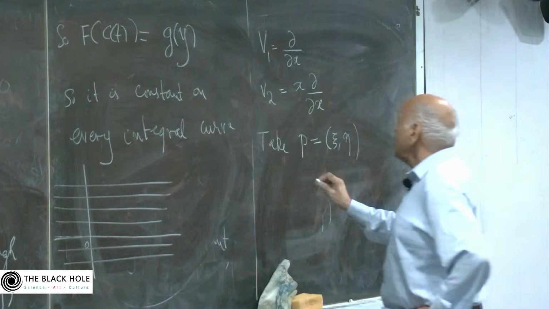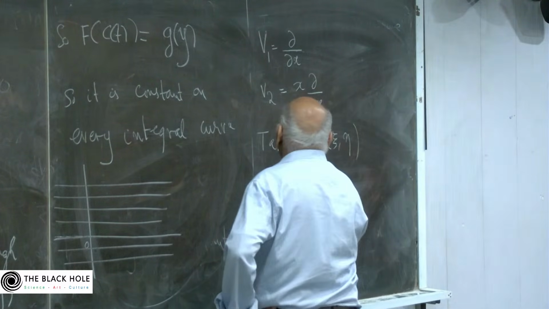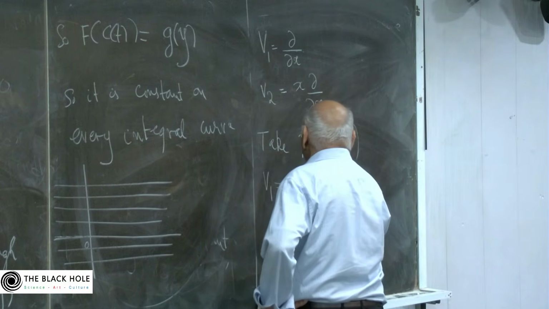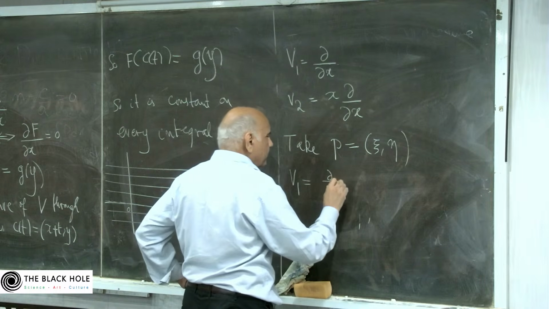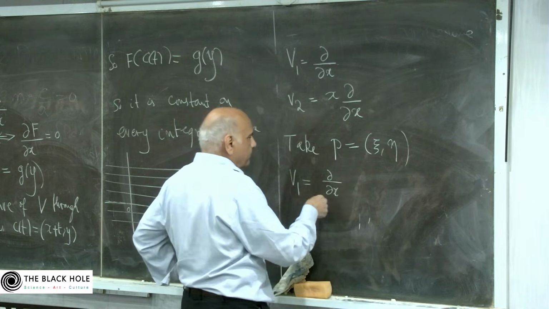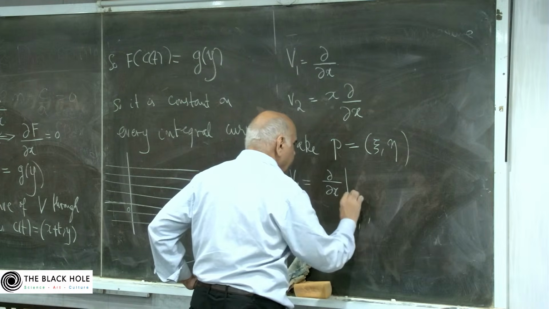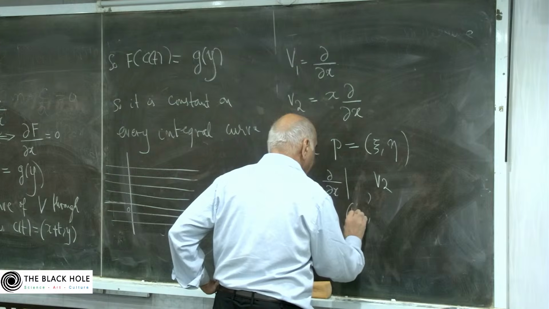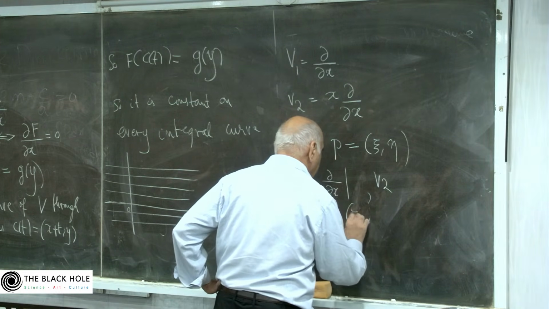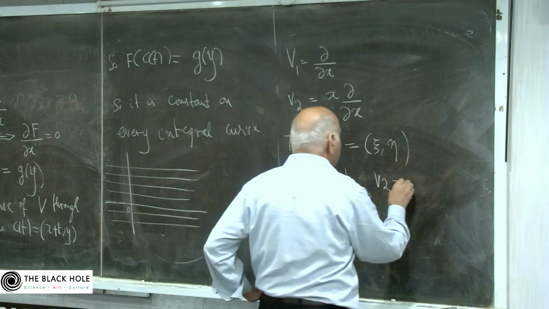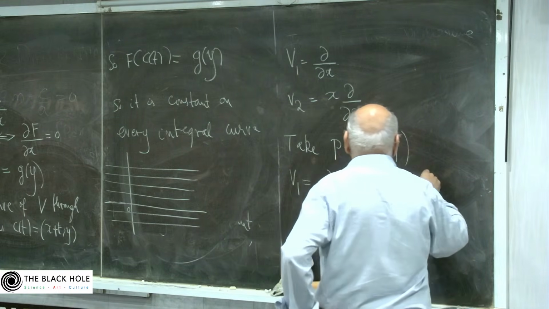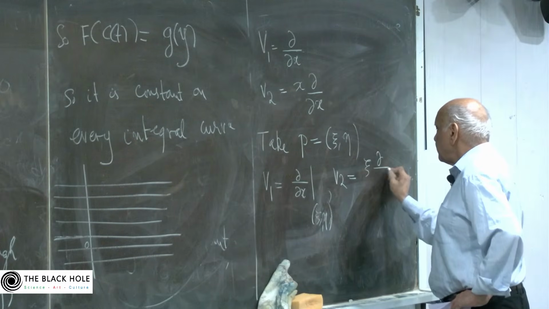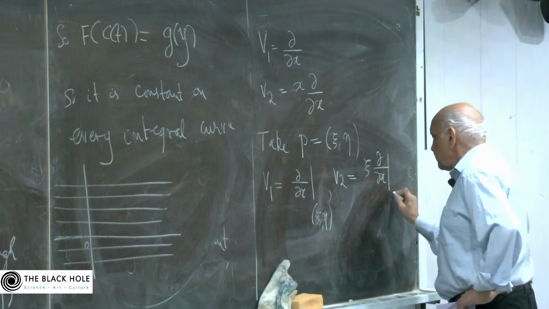So what is v1? It is partial by partial x at the point, and v2 was xi times partial by partial x at the point xi eta.